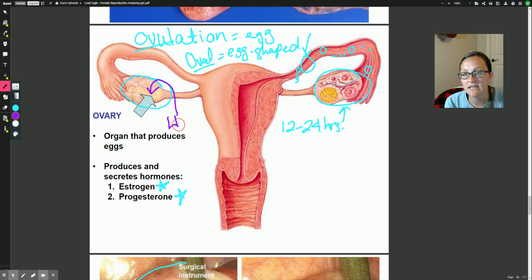So your luteinizing hormone acts in your ovaries, but your ovaries overall secrete estrogen and progesterone.